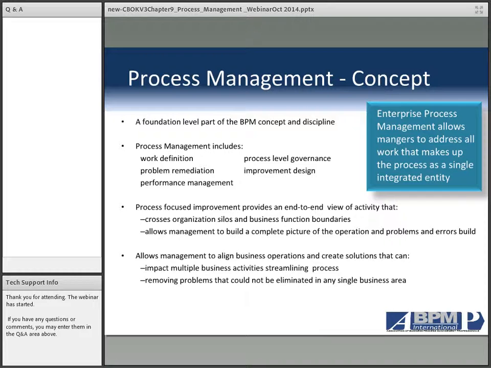So it gives you a great deal of flexibility in how you approach problem resolution, how you approach performance management, that you don't have when you're dealing with individual performance at the business unit level.